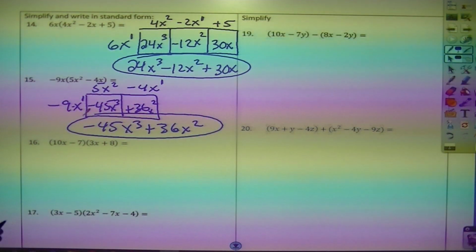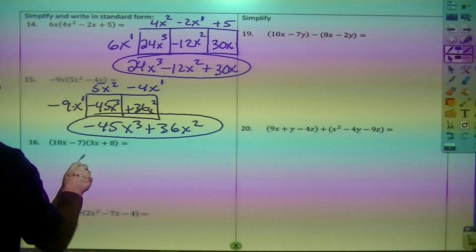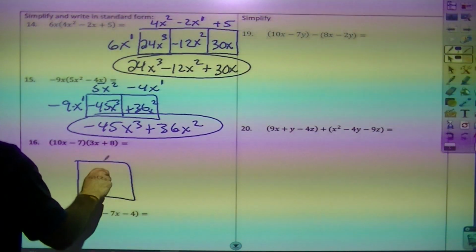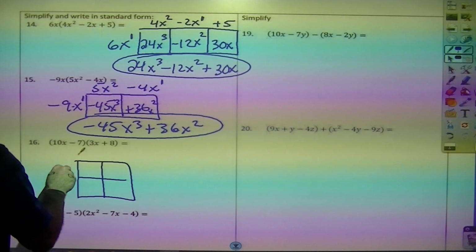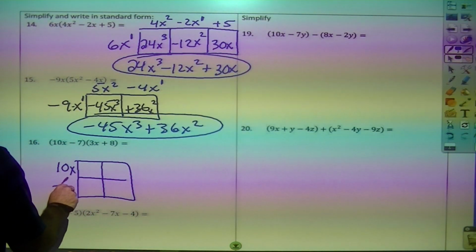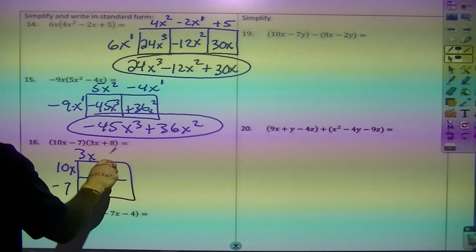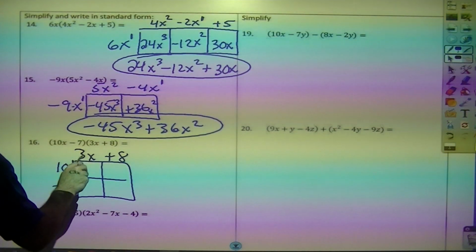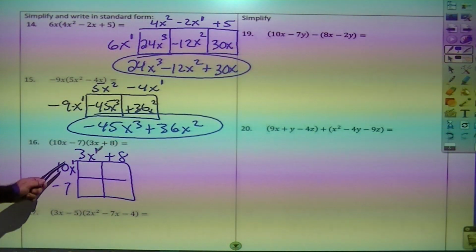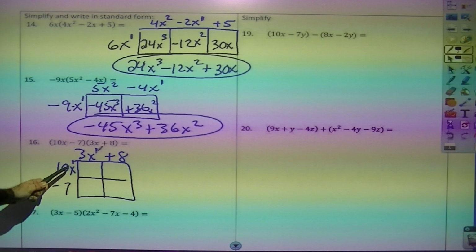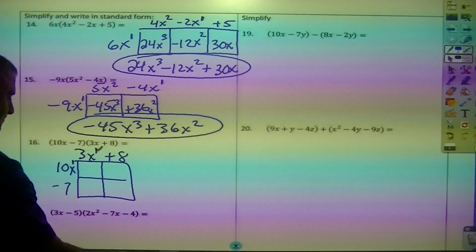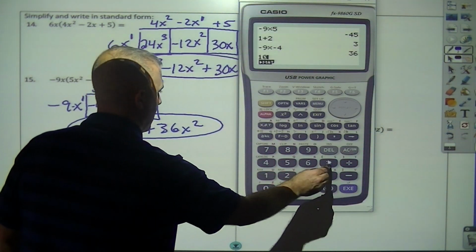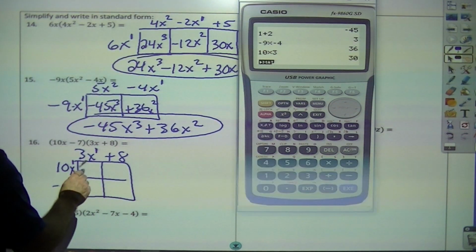Now we're going to multiply two binomials. So I got two terms. This will be 10x minus 7, 3x plus 8. I put a 1 here and a 1 here. So the first part of the box is 10x times 3x. So 10 times 3 is 30.